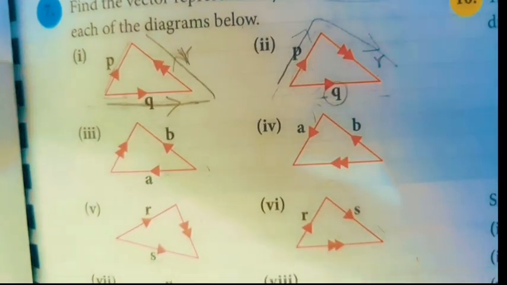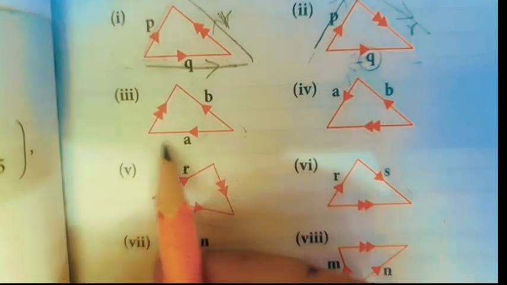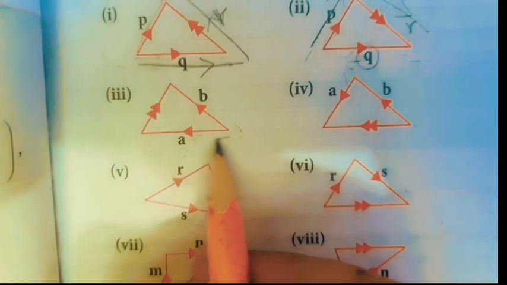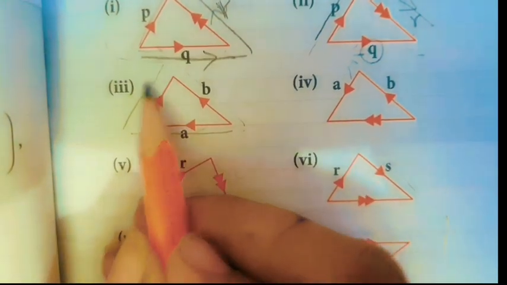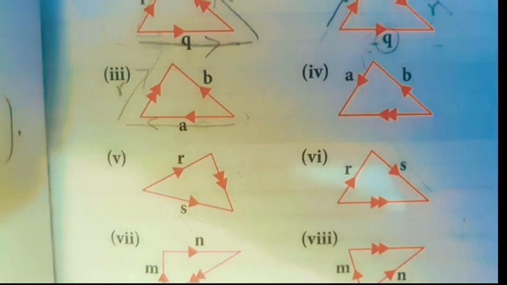Now move to part 3. Here we can see which two vectors are moving in the same direction. B is moving in this direction and A is no. We cannot join B and A, so we can move A and then here A, and this is the resultant vector R. So I can write A plus R is equal to B, because B is in the opposite direction.